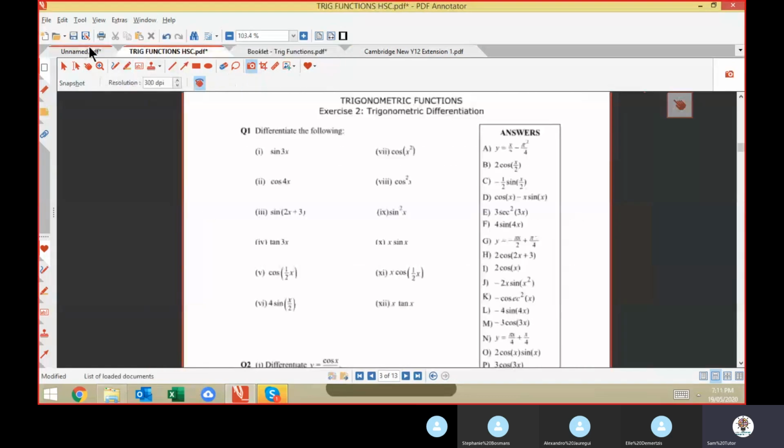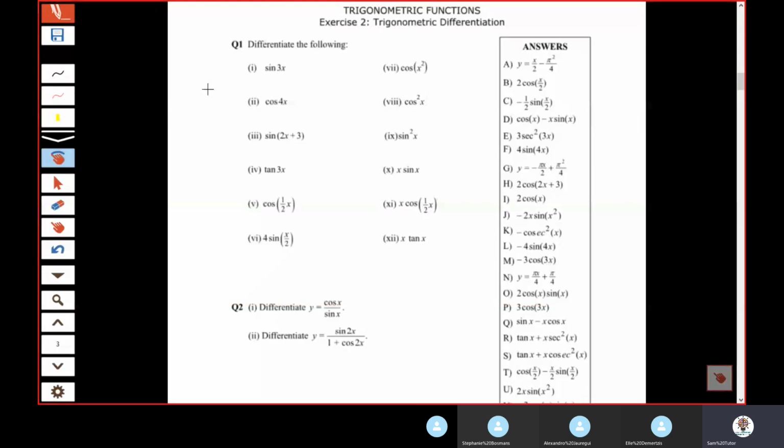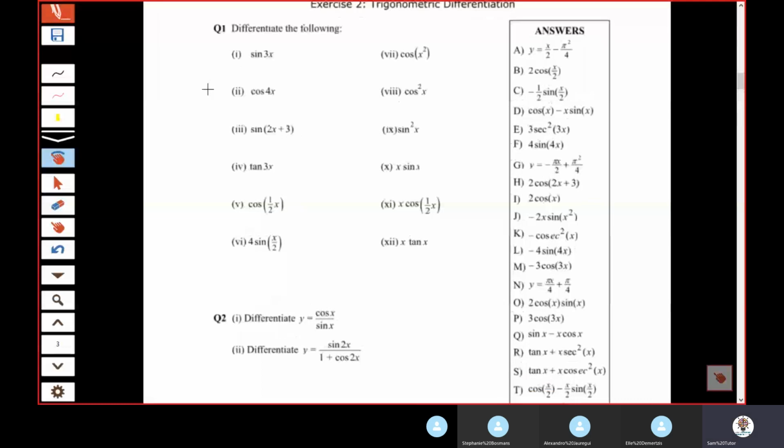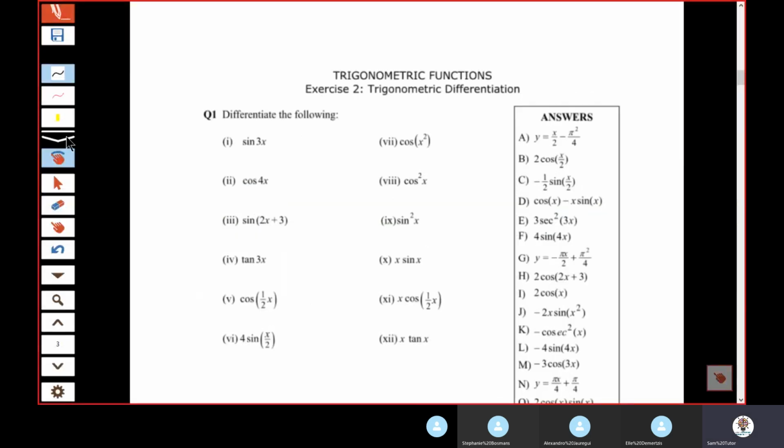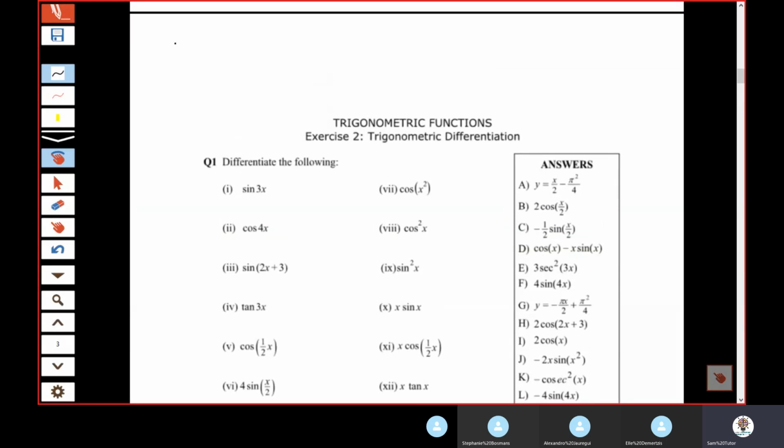So differentiation. For you, probably this is really easy, but let's have a look through this anyway. The trick is this: S, C, S, C, these two are negatives, and if you're going down, we're differentiating. If we're going up, we would be integrating.